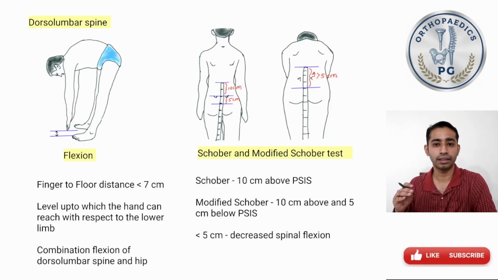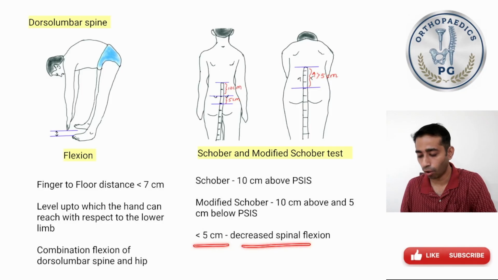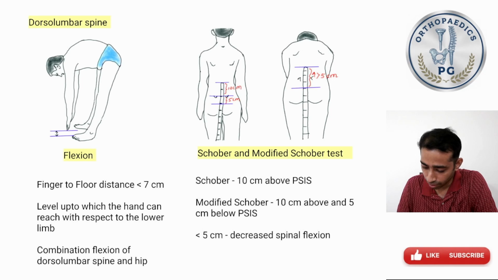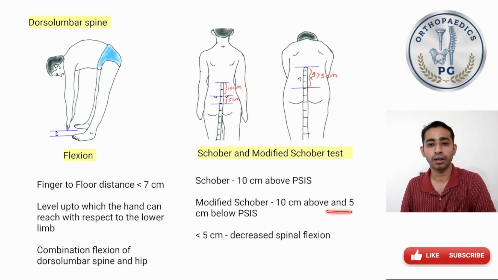And if the increase in the distance is less than 5 centimeter, we call it a decreased spinal flexion. In modified Schober test, we mark 10 centimeter above and 5 centimeter below and then ask the patient to flex. And here also an increase of less than 5 centimeter is known as decreased spinal flexion.